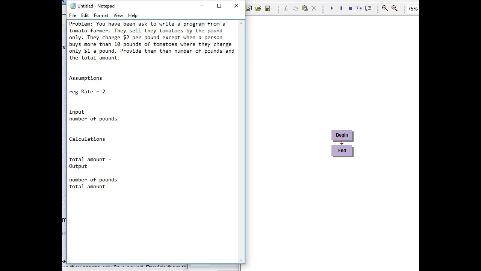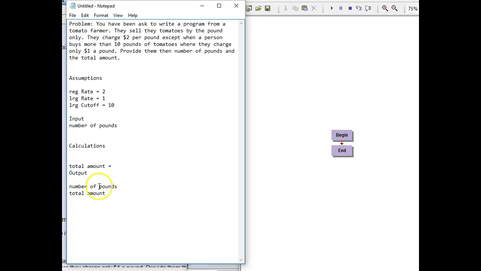And then the LRG, we'll call it the large rate, and that's going to be equal to 1 when they make a large order. And then we have the 10, and let's call that LRG for large cutoff, and that's going to be equal to 10. So now I have my three constants.